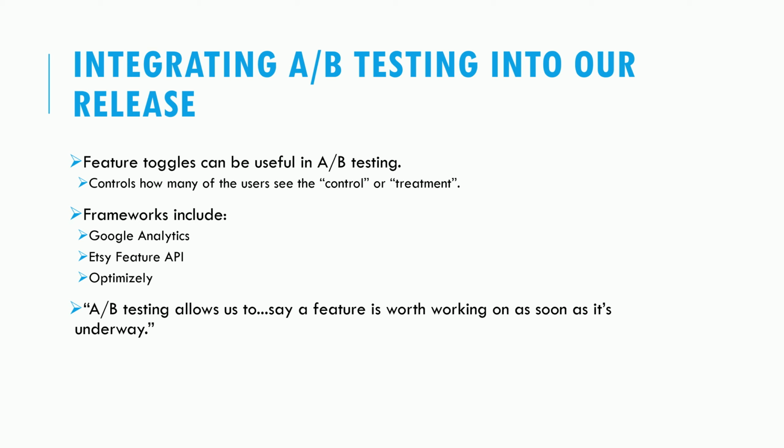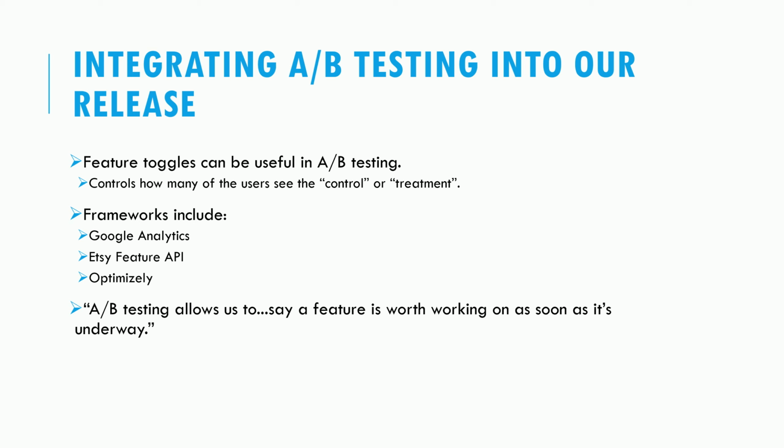And then once again, A/B testing allows one to say a feature is working as soon as it's underway, meaning that companies have a lot of different features, but not a lot of developers, and they want to make the developers work very productively.